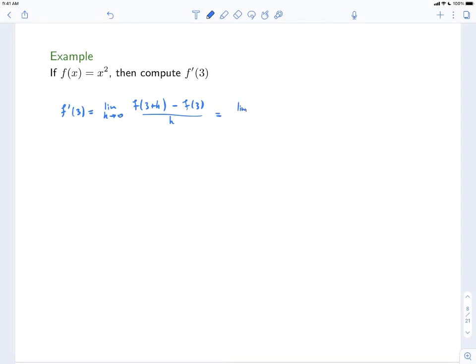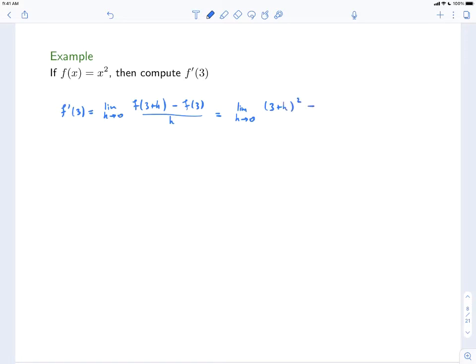So this is the limit as h goes to 0, and now we need to compute these things. Well, our function f at x takes the input, and whatever this input x is, it squares it. It's the square function. So our first input is 3 plus h. So we take the 3 plus h and square it. 3 plus h, that's our input, and then we square it.